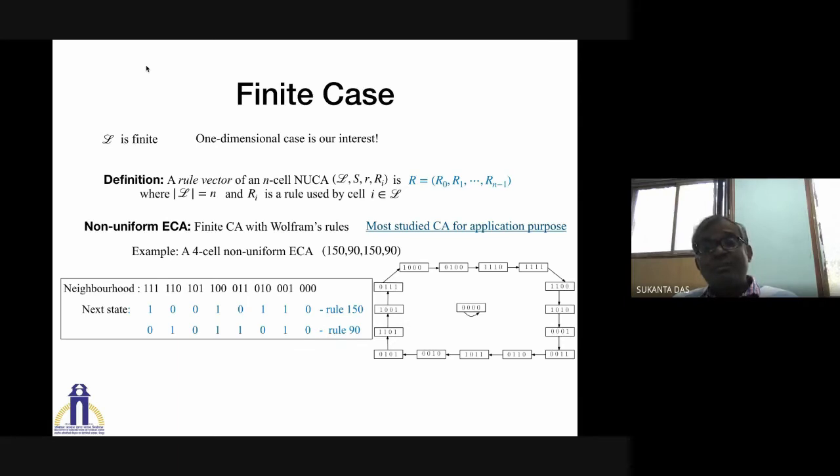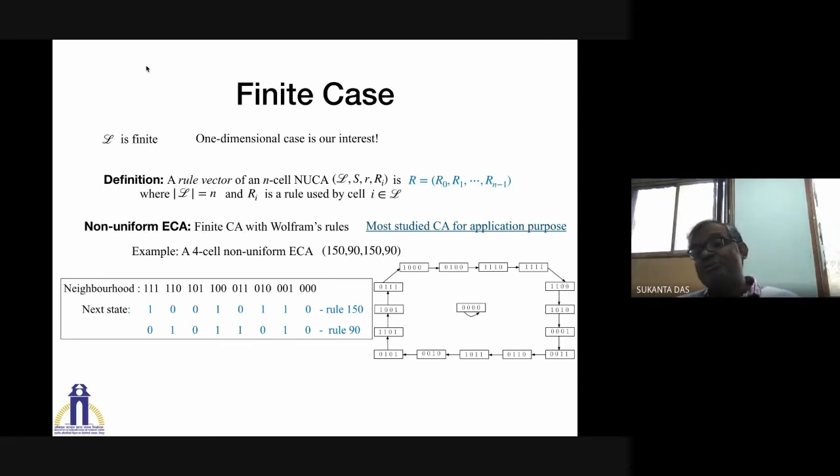People, especially CA researchers, were fascinated with this behavior. They have explored it, and this is called maximality. This kind of behavior, where all the configurations except one are in a single cycle, you cannot get in the case of classical CA, right? Even in the case of periodic boundary condition, you can't get it.